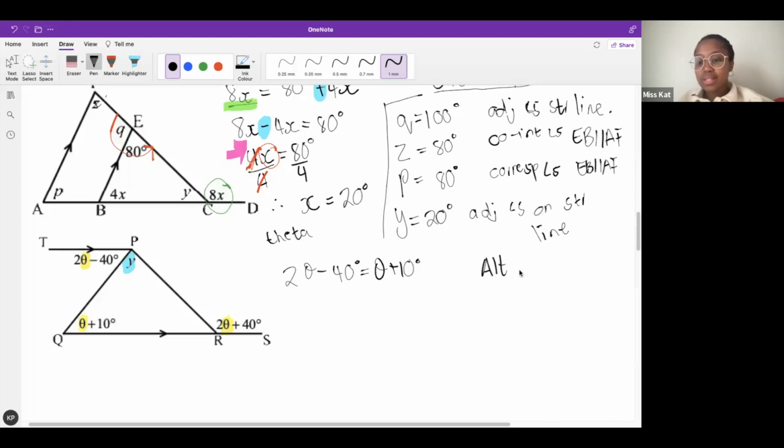Okay, well, it's alternate angles. And which parallel lines do we have? TP is parallel to QR. Thank you very much. Okay, now let's solve for theta.